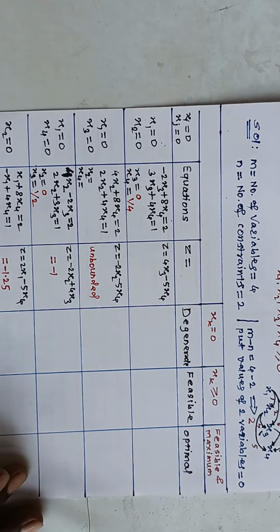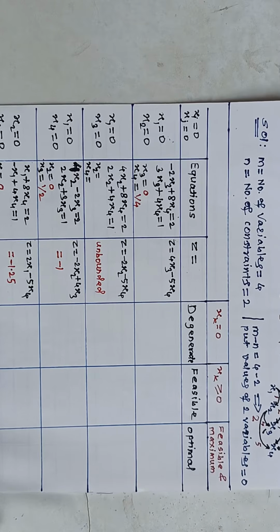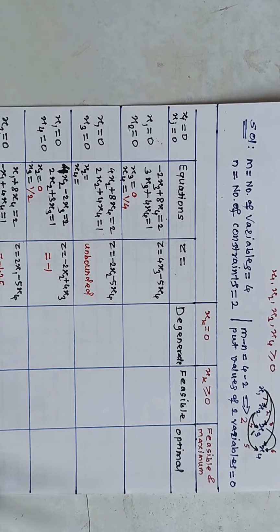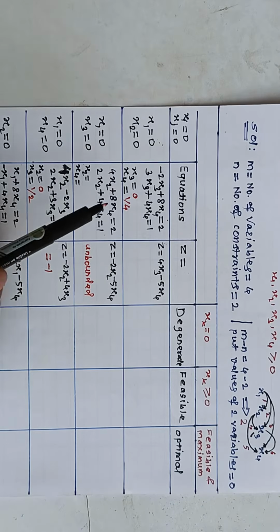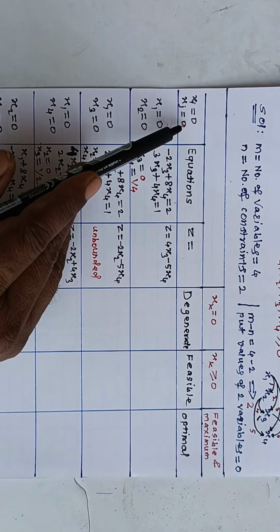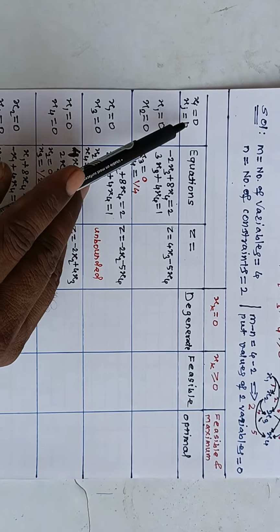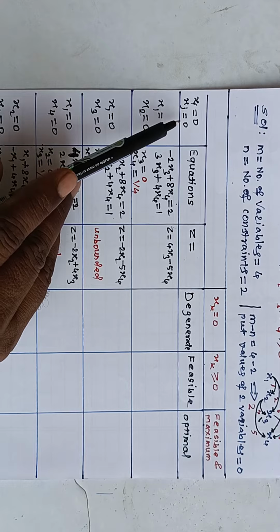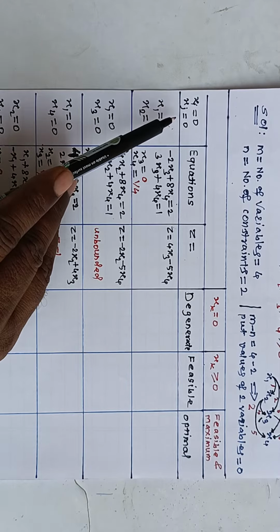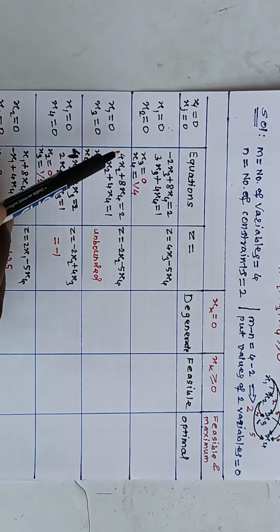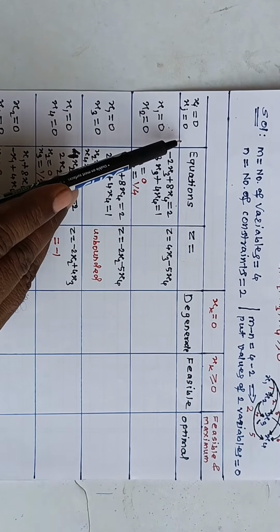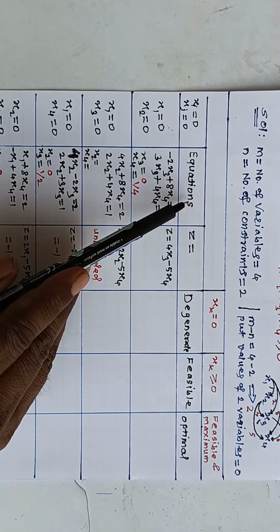Okay, prepare a table like this, similar to the previous one. Here also values of two variables. Here we have to put two variables equal to 0 in the constraints and get two equations using the constraints and solve those two equations. Xi is equal to 0, xj is equal to 0. Second column, equations.